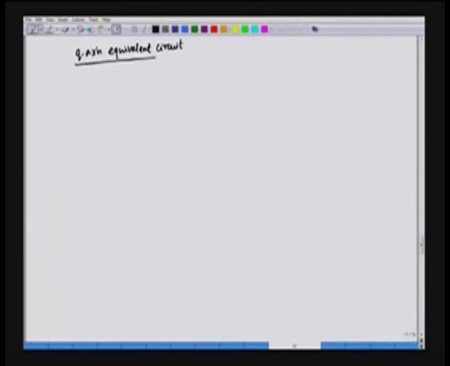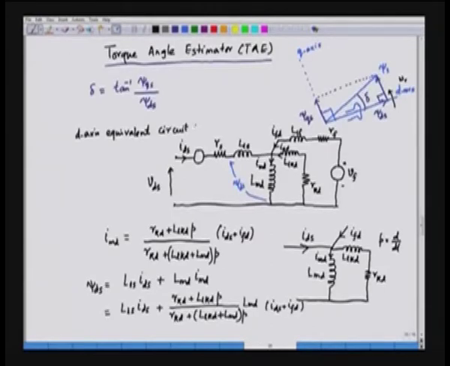Now, this equivalent circuit is actually in the rotor reference frame. Even this one also is in the rotor reference frame.